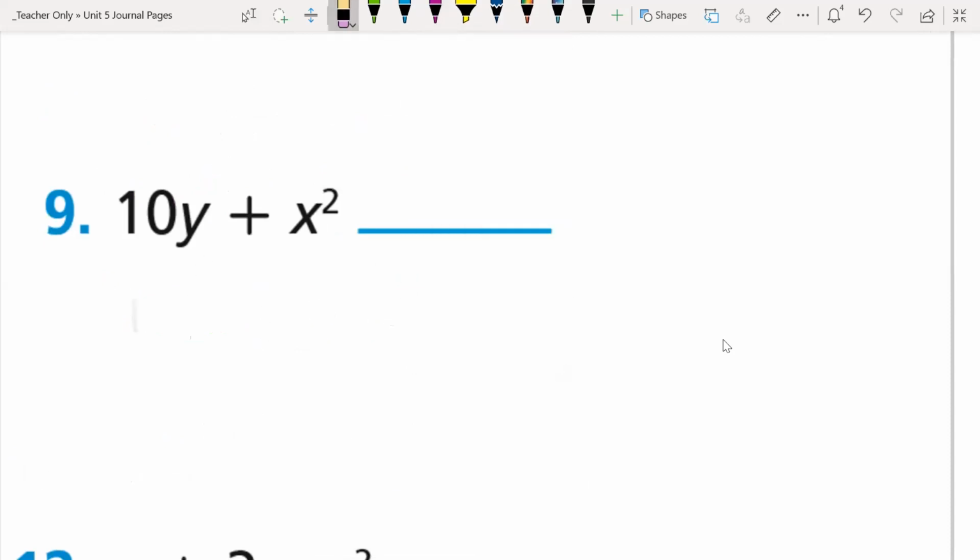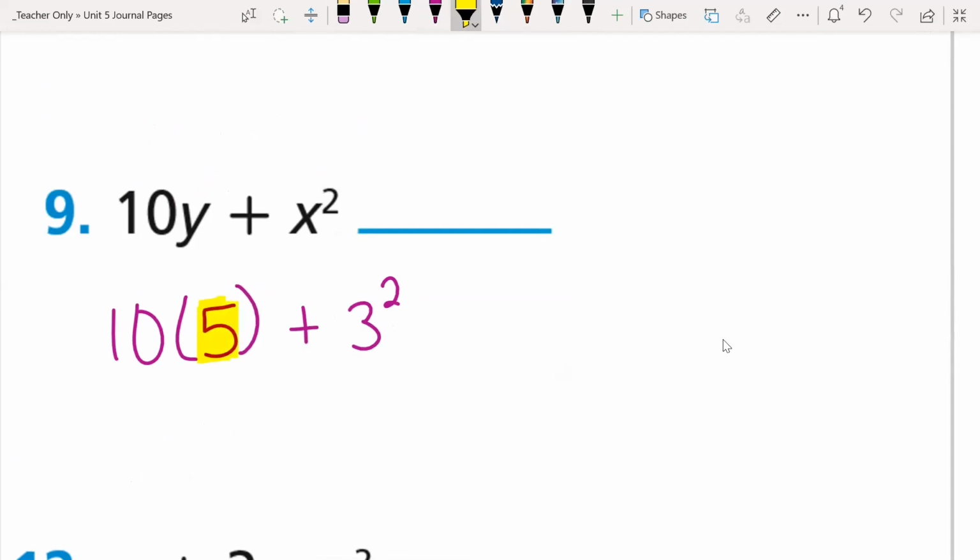Oh my goodness. 10 times 5 plus 3 squared. Okay, now I can solve this. Do I have parentheses? Yes, but I can't do anything inside of this parenthesis, right? Nothing can happen. 5 is 5. Then I move on to my exponents. 3 times 3 is 9. Plus, now I can simplify this. 10 times 5 is 50. 59.